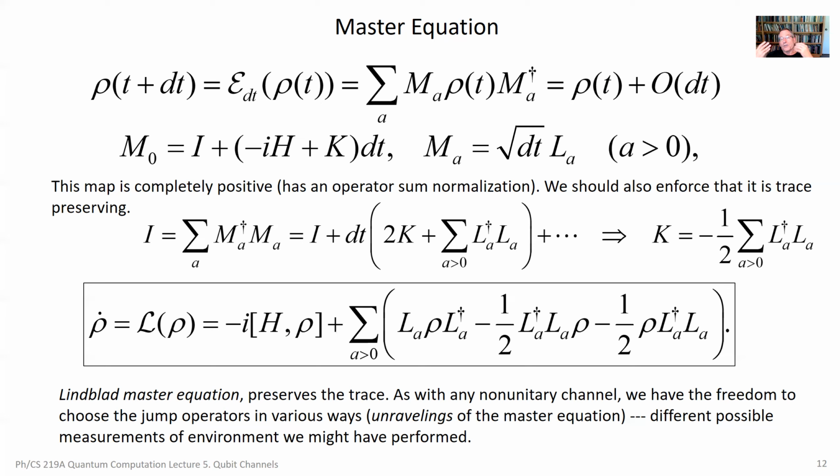You can think of that as arising from measuring the environment in different ways. So the different unravelings correspond to monitoring the environment in different ways, measuring the environment in different bases, and therefore describing the jumps in terms of different jump operators.